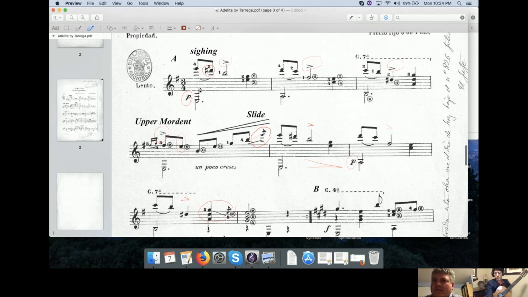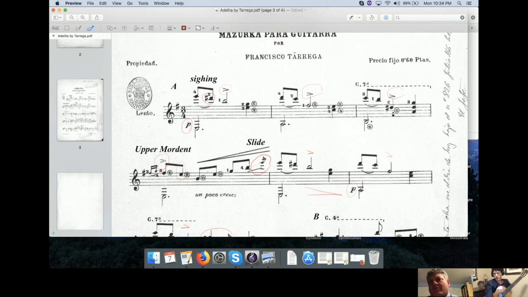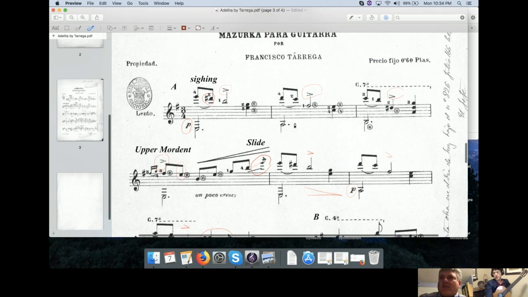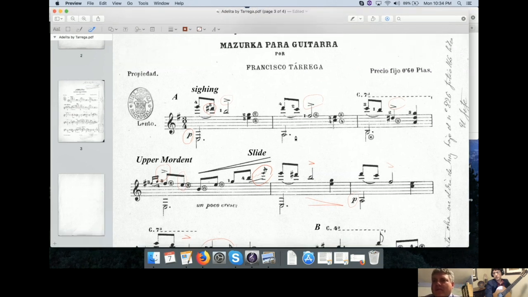Even though it's marked piano at the start, I would say that the first 3 bars descend, so you could actually get a little bit softer. Each one could get just a tiny bit softer. This one and then that one.